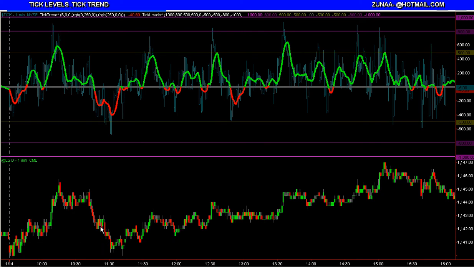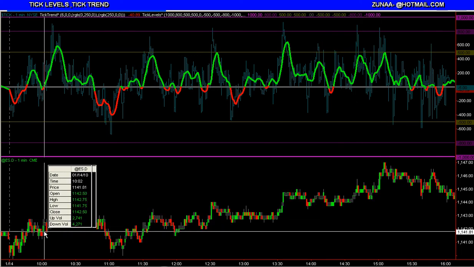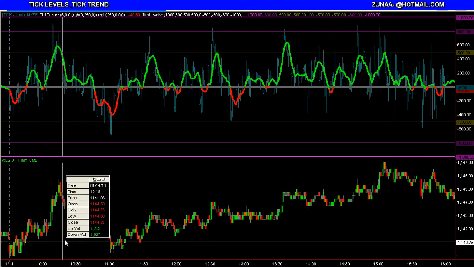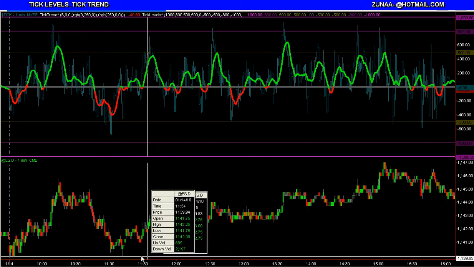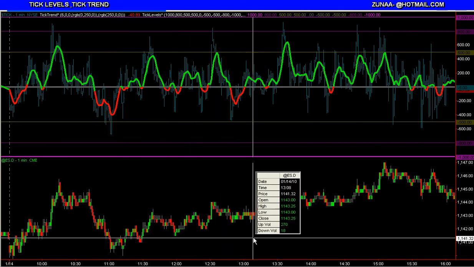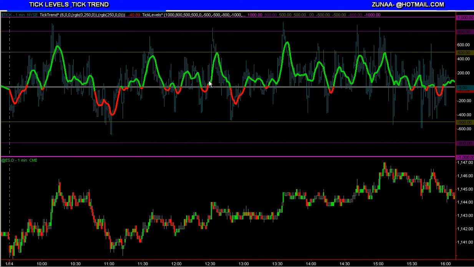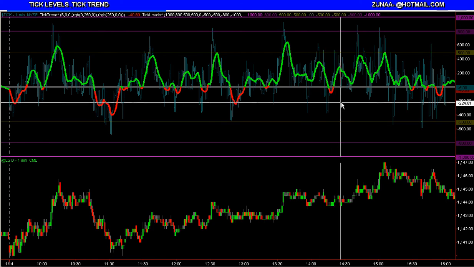Let me show you a couple of charts, a couple of days of action. As you can see, we open up, we go up, ticks come back down, the market comes down, then we go up to around this area where it's fairly even, and the tick trend starts pulling higher and showing more bullish bias, and it gets even more bullish.